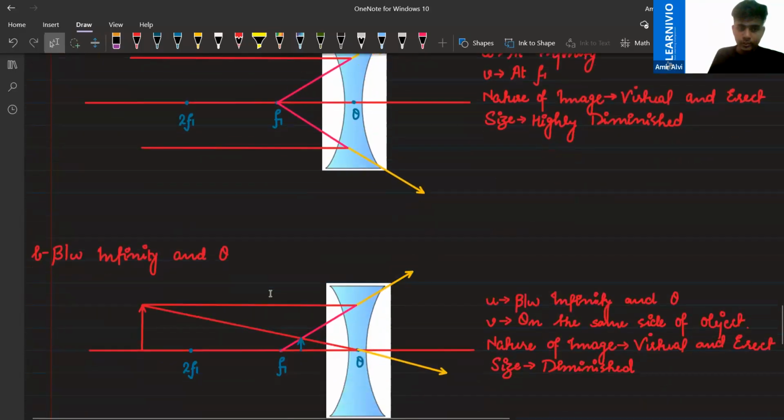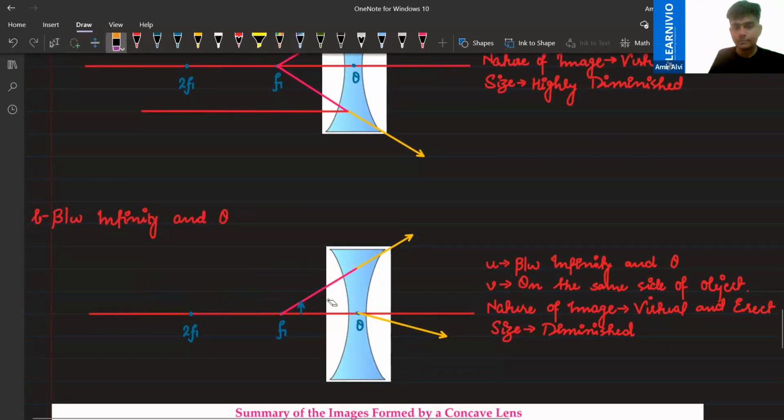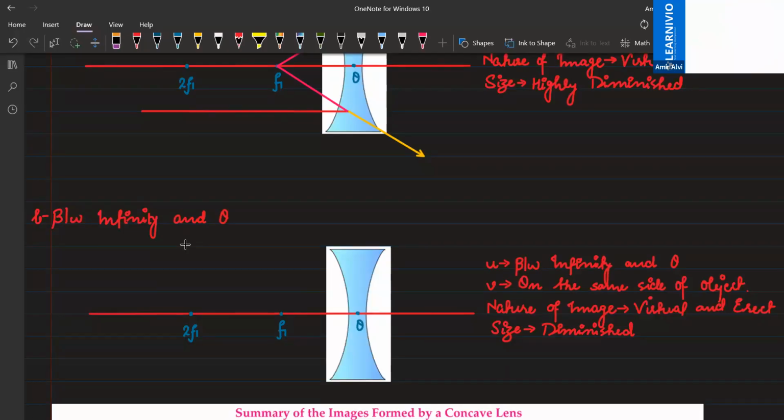Okay, now let's move to the next one. Here the object can be placed wherever you want between infinity and the optical center. And the image formation would be the same, it doesn't matter where you're placing it.